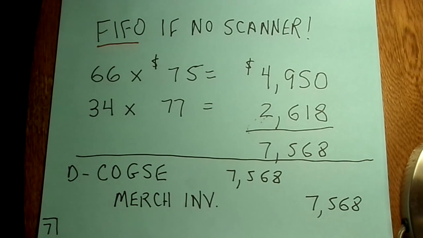So the 34 additional units had to come from the $77 tranche, and that comes out to $2,618. When we add those two numbers together, we get cost of goods sold expense debited $7,568, merchandise inventory credited $7,568.